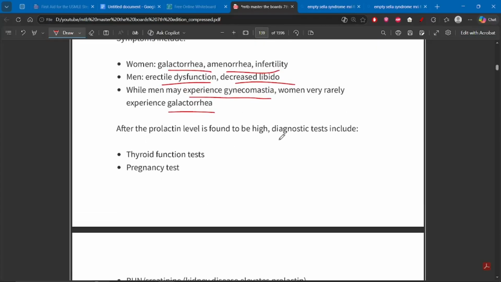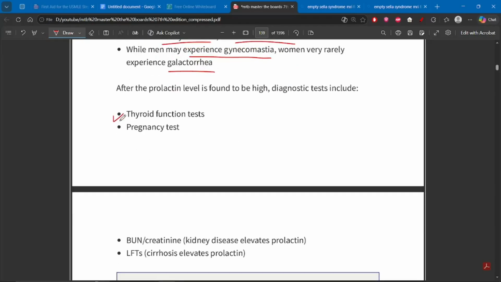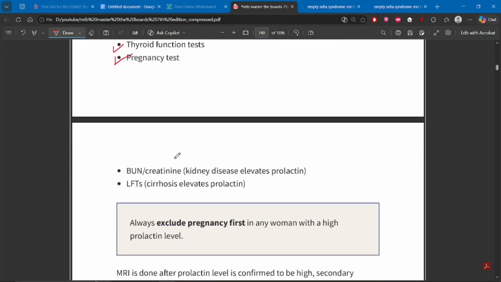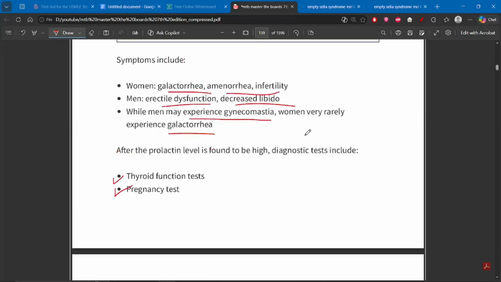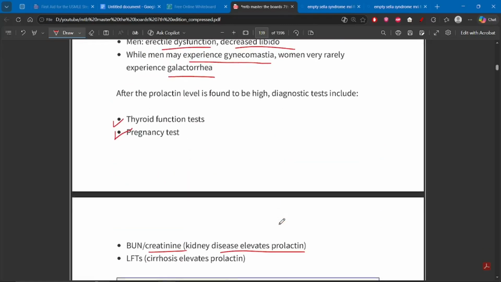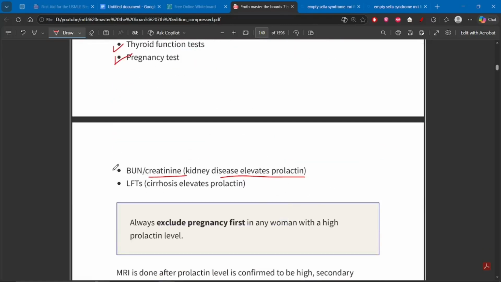After the prolactin level is found to be high, diagnostic tests include thyroid function test and pregnancy test. To rule out other causes, you need BUN and creatinine because kidney disease elevates prolactin. We've already looked at renal insufficiency. So you need to check BUN and creatinine and LFTs because cirrhosis also elevates prolactin.